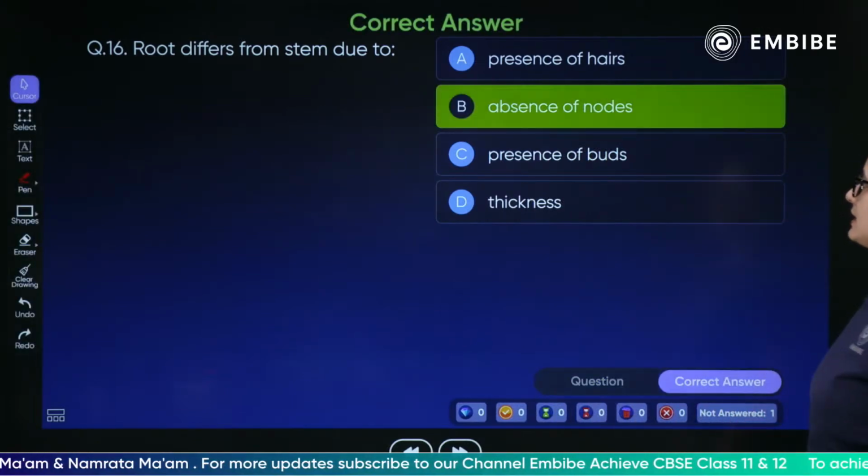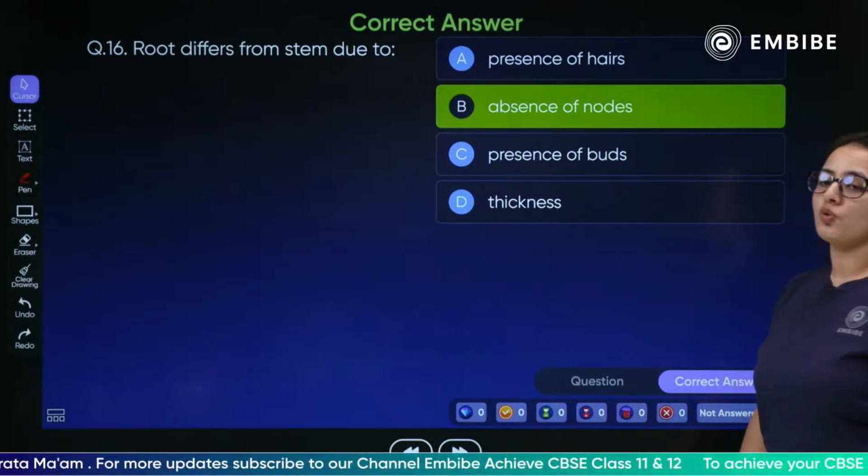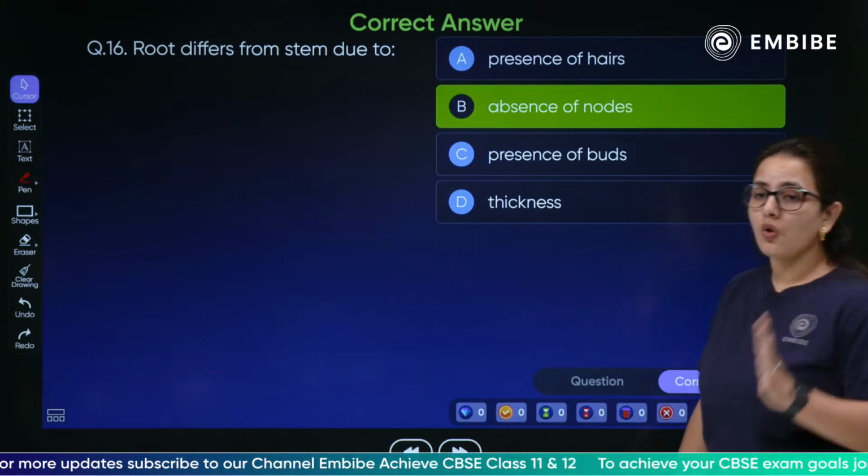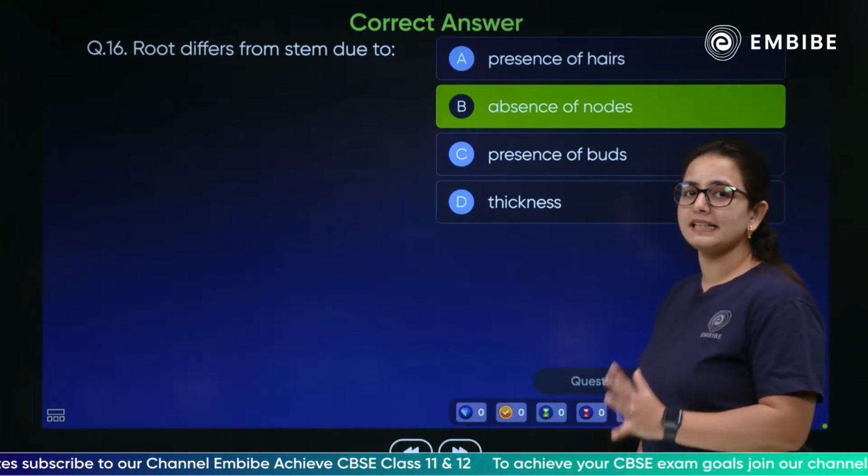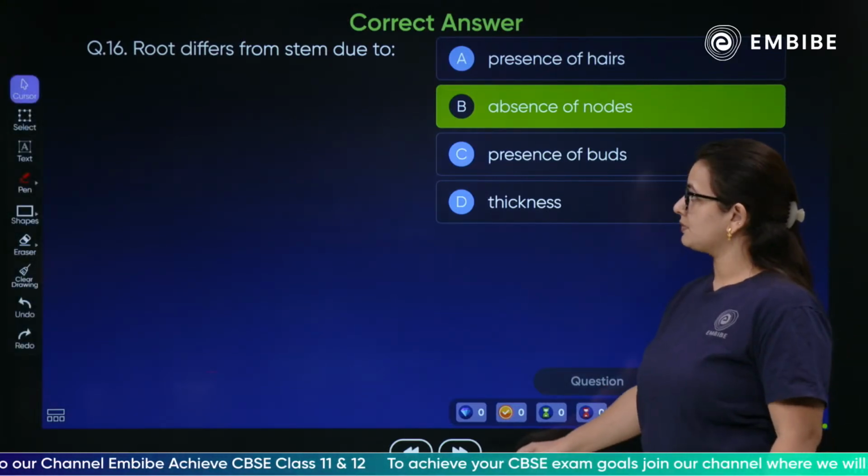The correct answer is the absence of nodes. The roots do not have nodes. Yes, the nodes are only present in the stem.